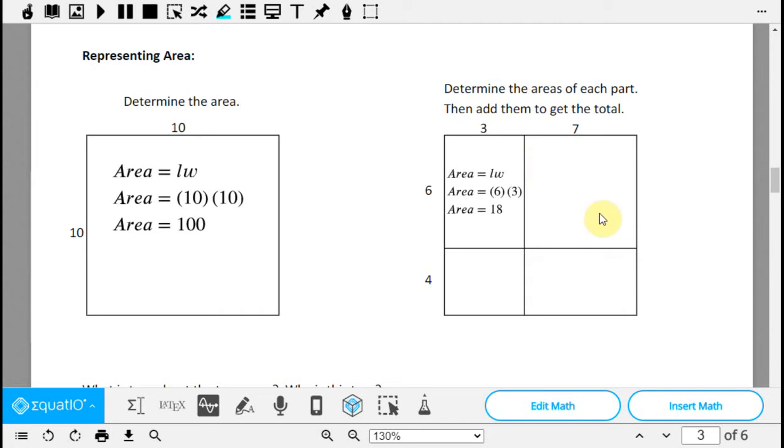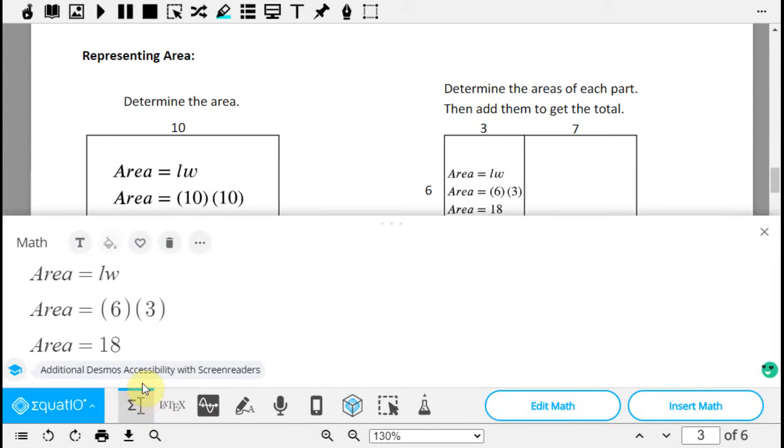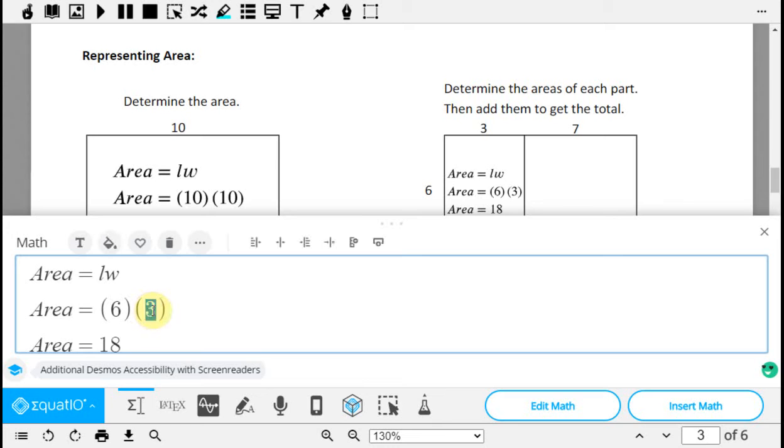The next square is 6 by 7, so that's 6 times 7. And 6 times 7 is 42.